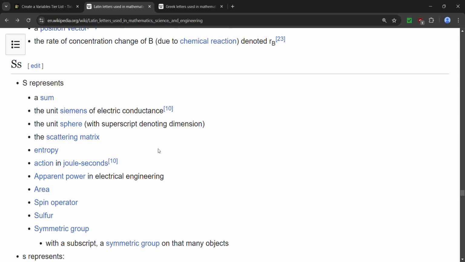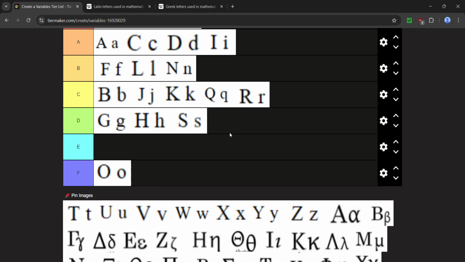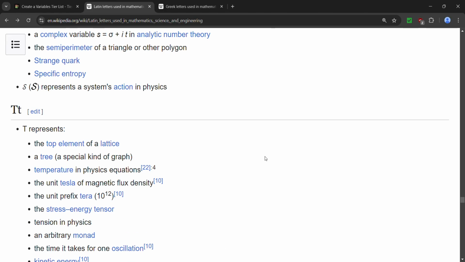Entropy and maybe a second. I don't feel great about giving them the time units. I already put H, which stands for hour, in the D tier, so I'm gonna have to put S in the D tier as well. S is really not doing it for me. Sorry.